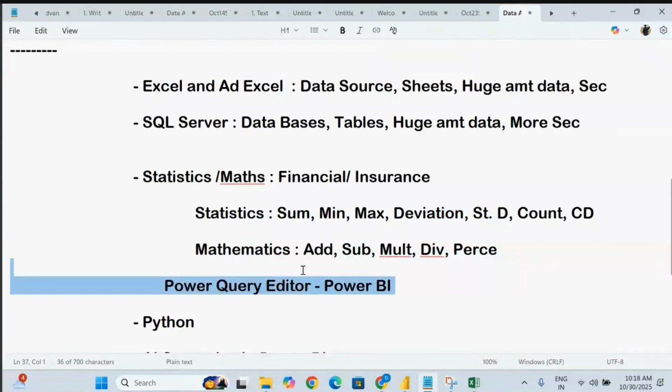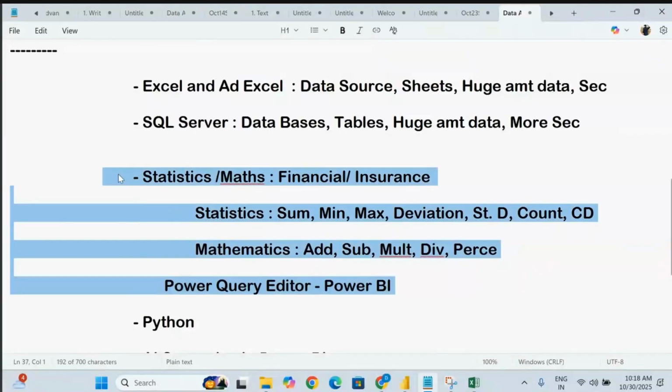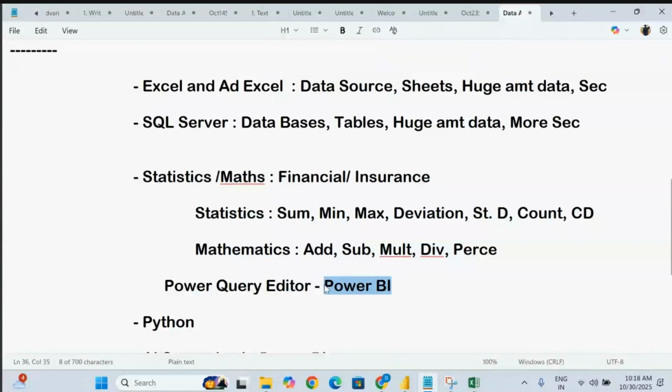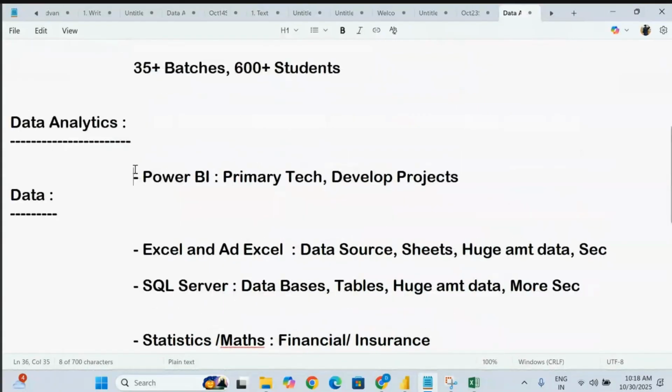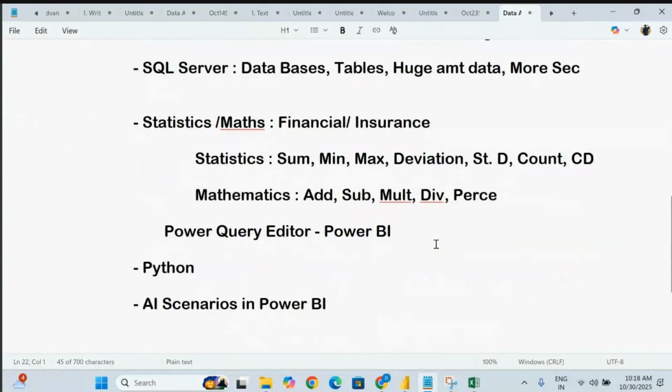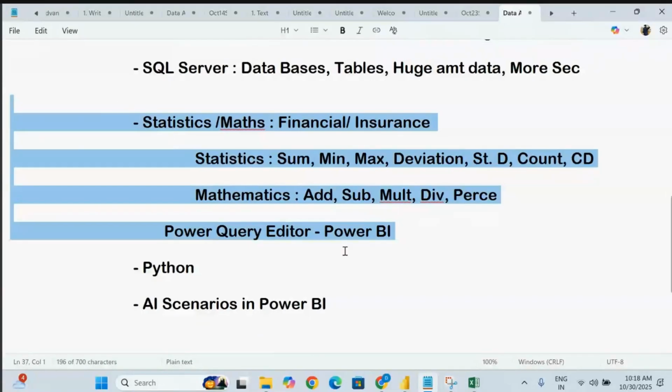This is an integrated module of Power BI, which means it is totally free, and you don't need to read it separately. However, we are going to learn Power BI thoroughly because this is your primary technology, and you need to complete the entire project with it. That is the simple thing you need to understand here.